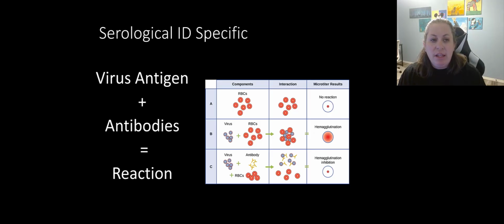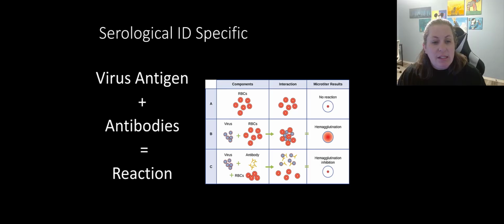If you look at these examples, you can see A has no virus, and so there's no reaction. B has the virus, but no antibodies, and so the blood is going to be affected by the virus, whether it's being destroyed, and all of it spreads out. So we have a different reaction.